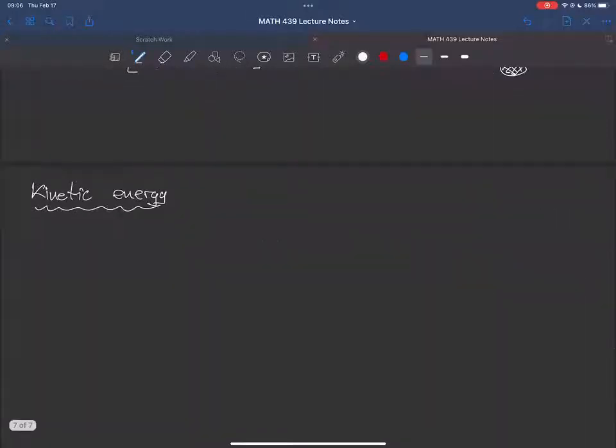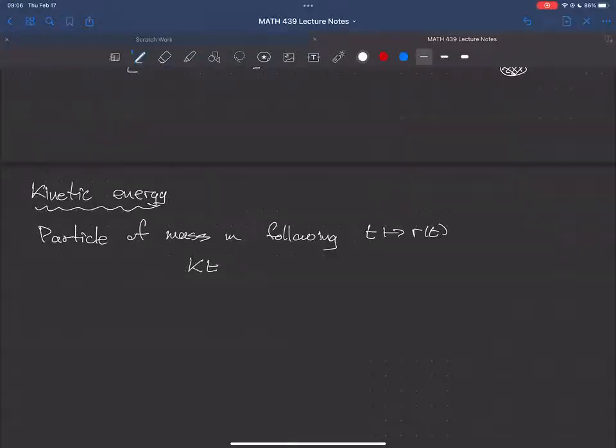So kinetic energy of a particle of mass m following a path. We all know what the kinetic energy of that thing is.